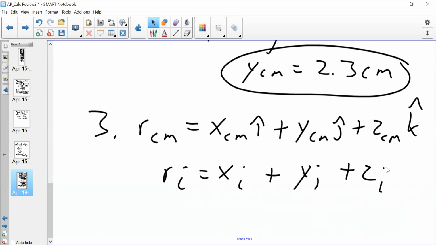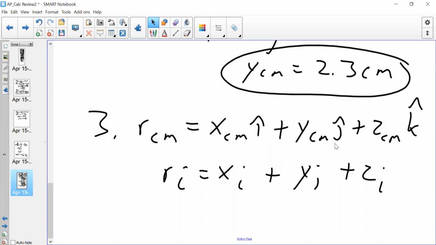This is the same thing. You're just being very specific and detailed by saying that the position of the center of mass radially is the sum of all of the center of masses along their respective axes, indicated by the unit vectors i, j, and k.